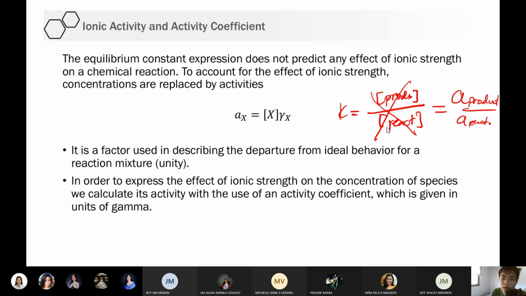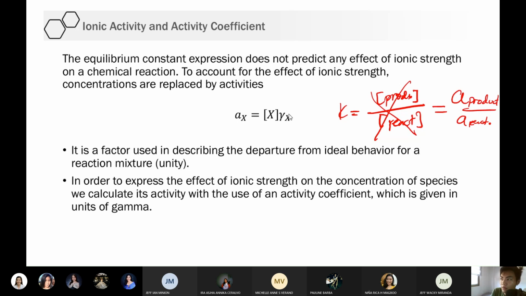Suppose you have a solution without diverse ions, you are okay to write K in terms of concentration because gamma is equal to 1 without the diverse ions. However, if you take into account the diverse ions, then you have to include that in your calculation. So you're not going to write the concentration alone. Instead, you also have to multiply by the activity coefficient gamma, because this will tell you the effect of the diverse ions on your species.